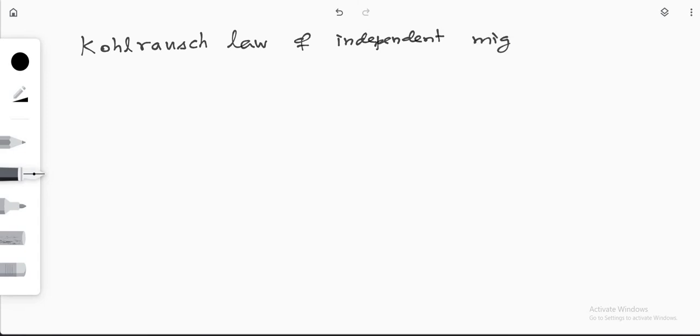Take down: Kohlrausch law, K-O-H-L-R-A-U-S-C-H, Kohlrausch law of independent migration of ions. What is meant by that? Simply called Kohlrausch law. What is meant by that?